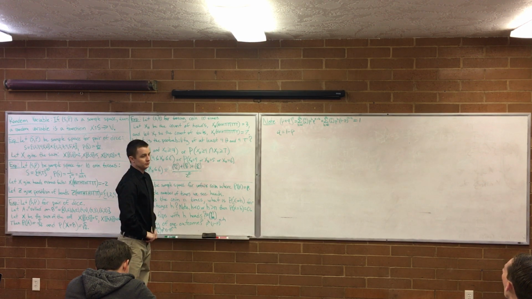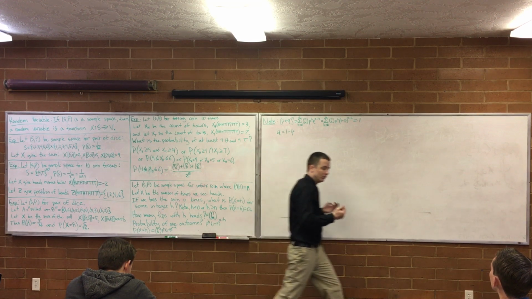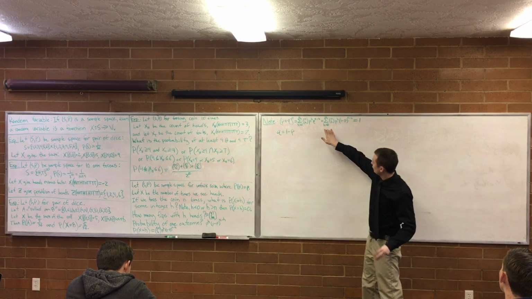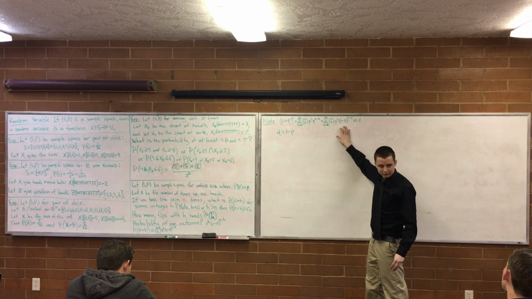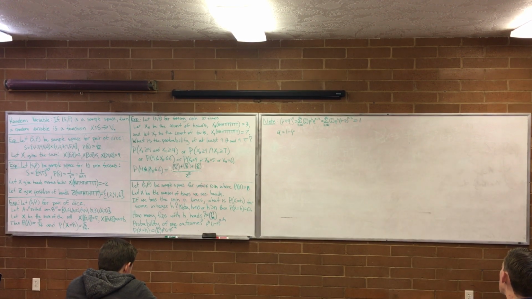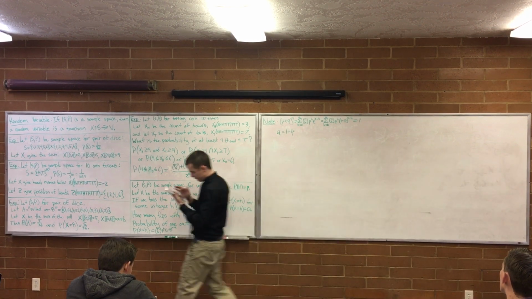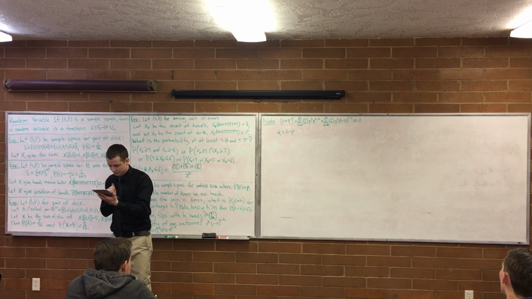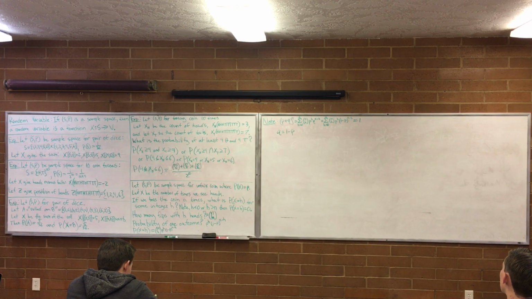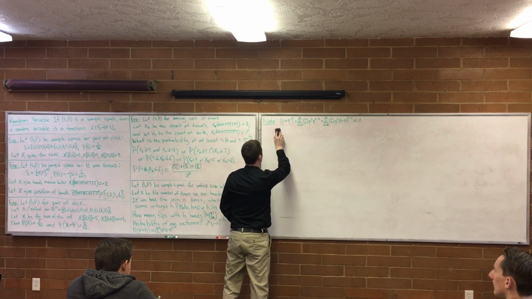Because now, when I ask you to calculate some number of successes, let's say 3 or 4 or 5 successes, you just need to come in here, figure out what the third term is, what the fourth term is, what the fifth term is, do the math on those, and you're done. All right. So that's it for binomials for now.